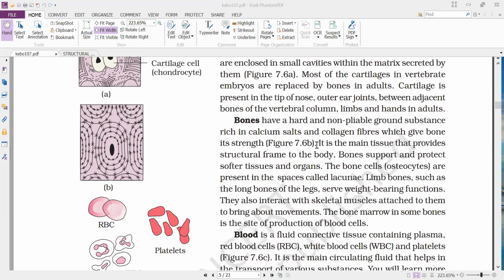In the same manner, the osteocytes are enclosed inside cavities which we call lacunae.